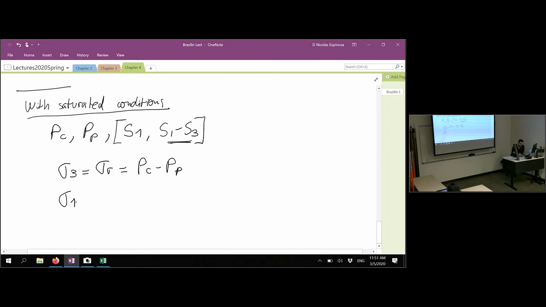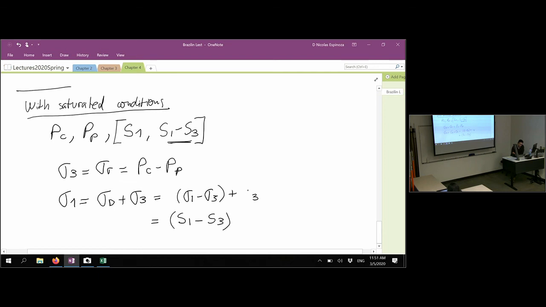Sigma 1 is going to be, same as before, the deviatoric stress plus sigma 3 that you already know from the previous equation, where sigma d is sigma 1 minus sigma 3, but that's also equal to S1 minus S3.